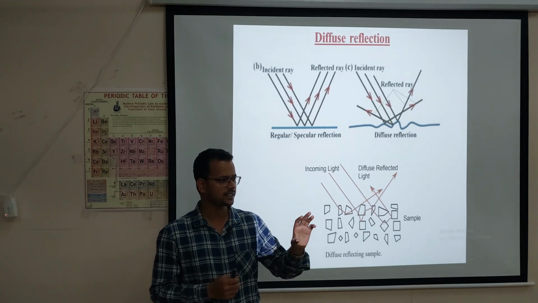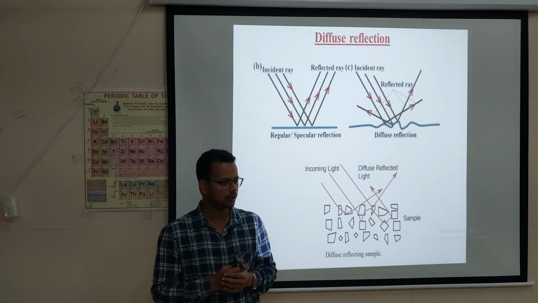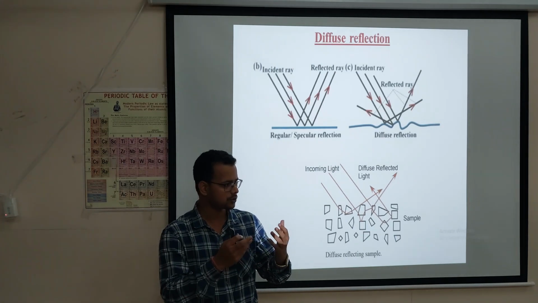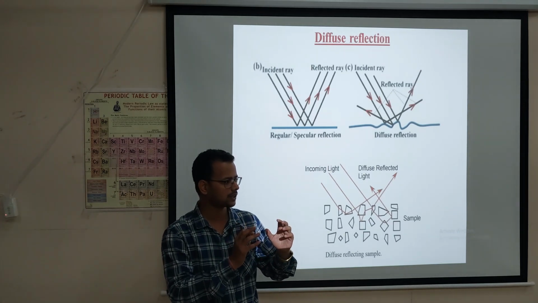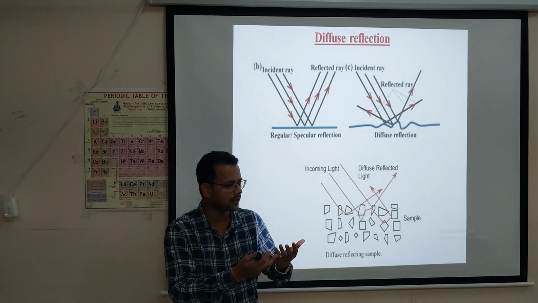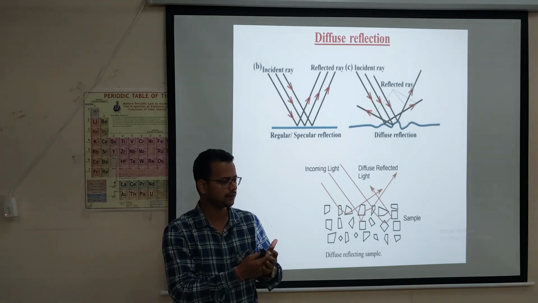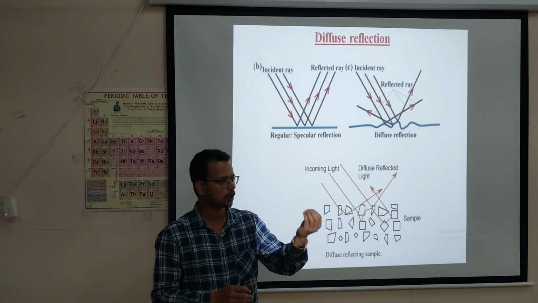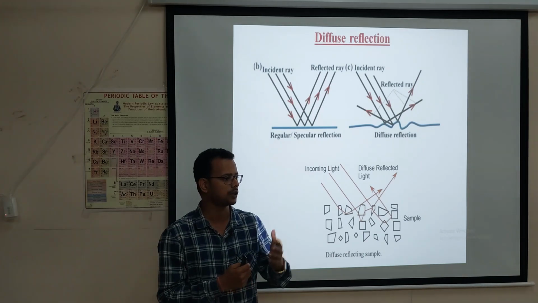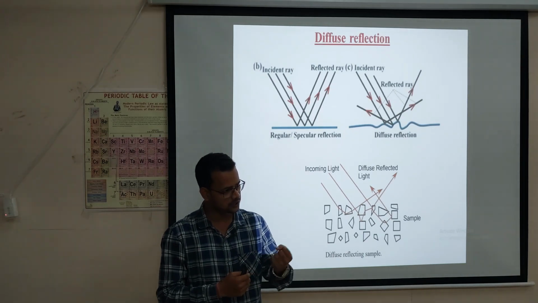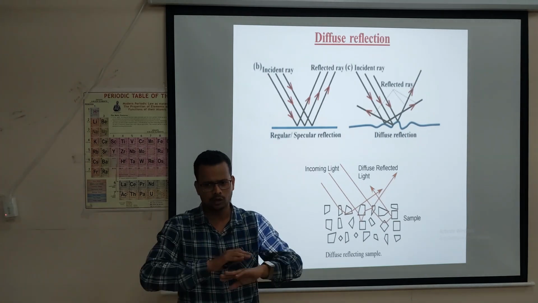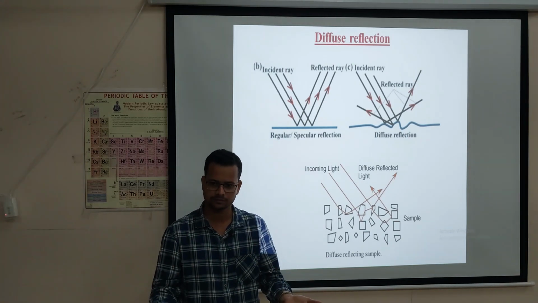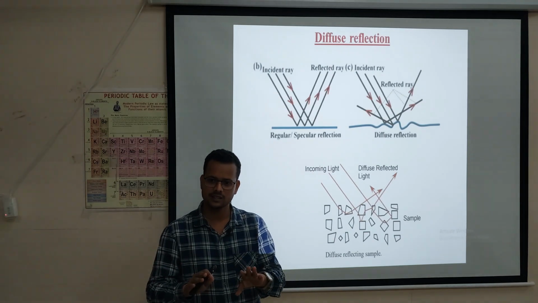In physics there is a term, black body. A complete, ideal black body which can absorb 100% light is not possible to create. If we could create one, the reflection would be 0%, but that is completely ideal.